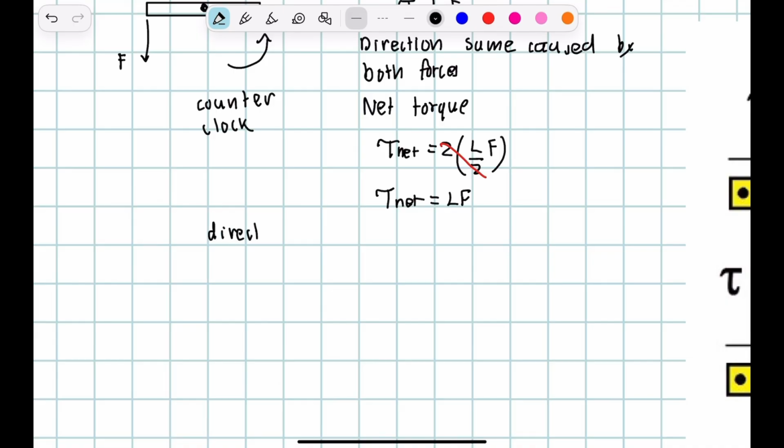So direction matters, not just the force direction alone, both the directions.